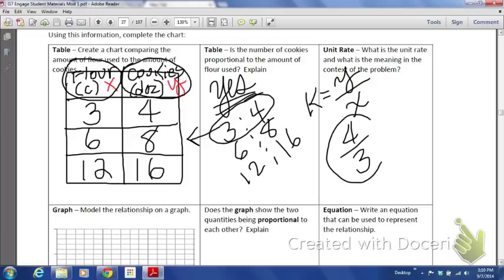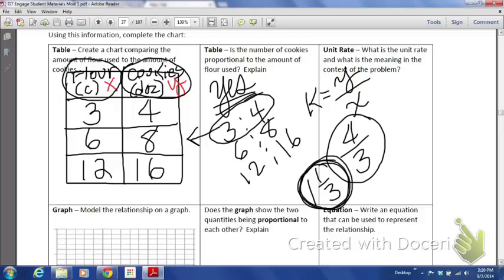So 4/3 is our unit rate, or we could say 1 1/3 would also be our unit rate. And what that means is that for every cup of flour, we are able to make 1 1/3 dozens of cookies.